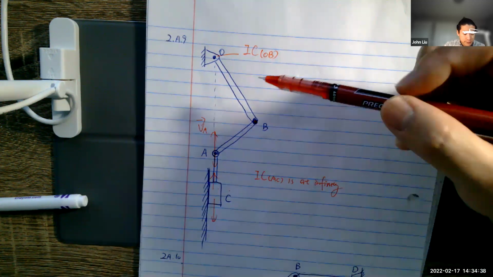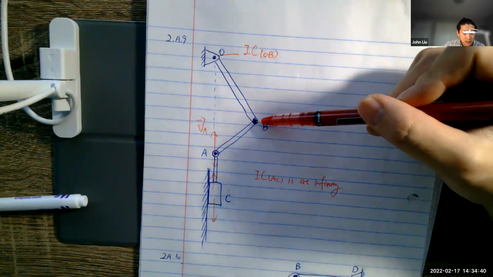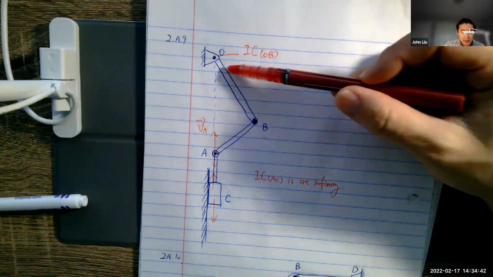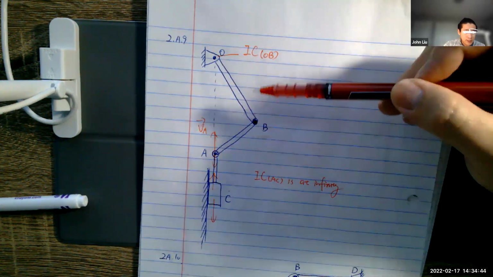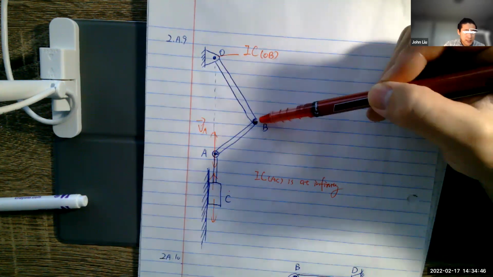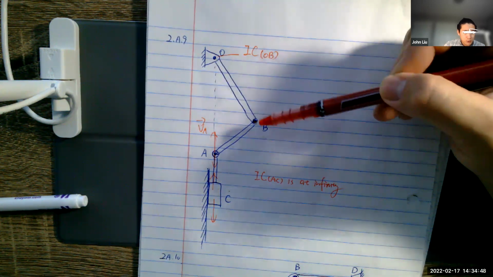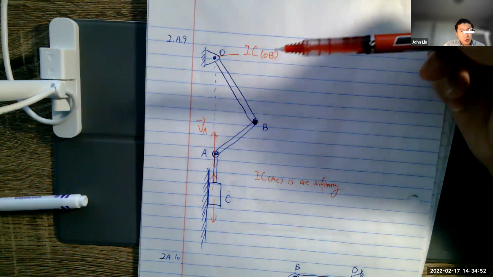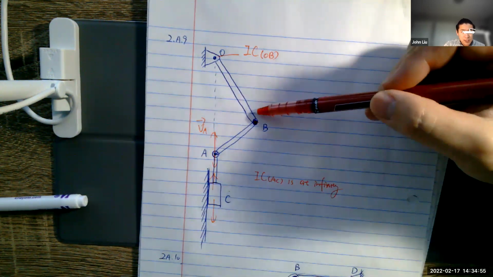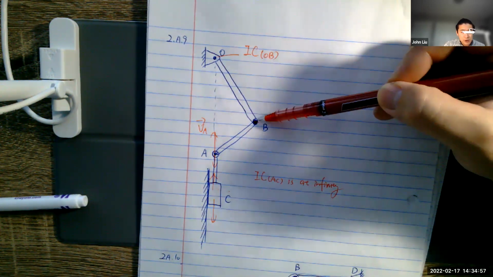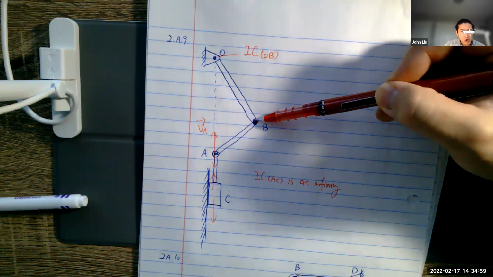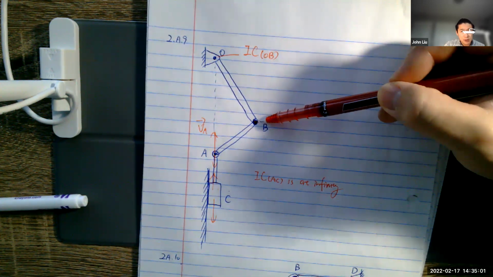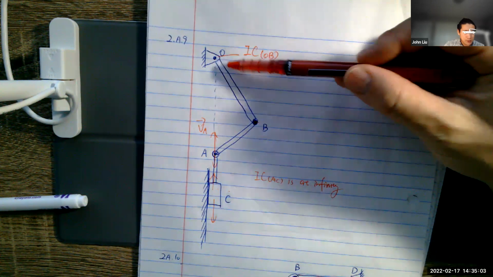It's pretty easy to figure out because B belongs to this rigid body, OB, and we know the instant center for this rigid body is point O. So point B is rotating about point O, and as you know, if it is rotating about point O, the direction of motion must be perpendicular to the line connecting its instant center and that point.